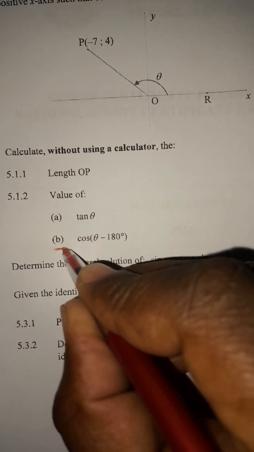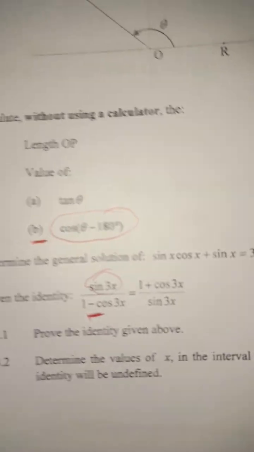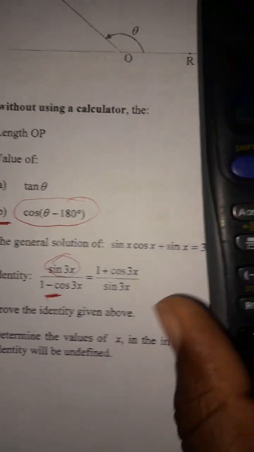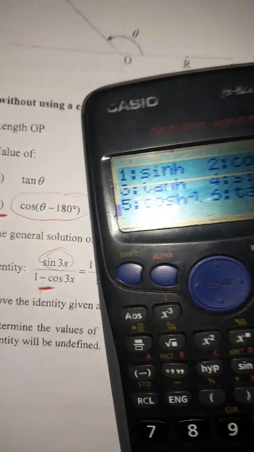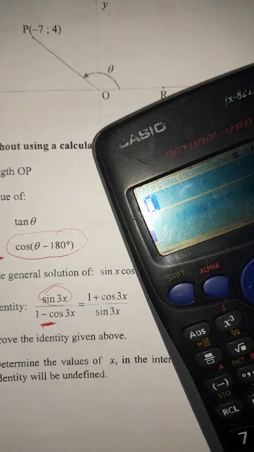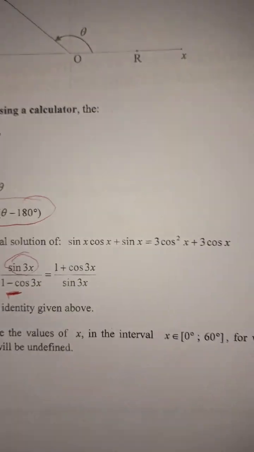Calculate without using a calculator the value of cos(theta minus 180). When you're given such a question, it's very important to add 360 to the 180, because it's not in standard form.